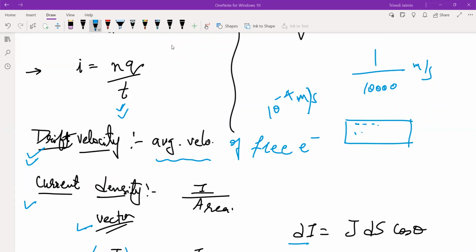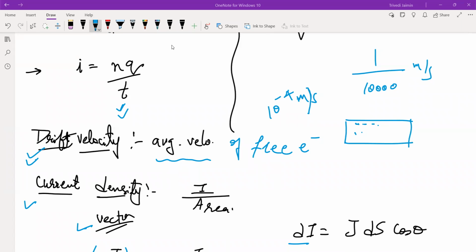Flow of current, okay. See what I'm comparing here. Velocity is very low here, it's 10 to the power minus 4. But when I'm just touching the switch and switching it on, instantly that bulb will start glowing, at the same instant.